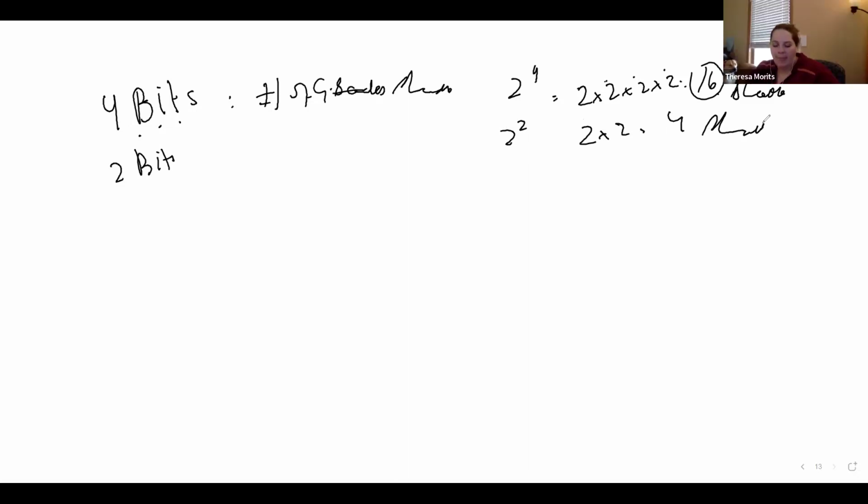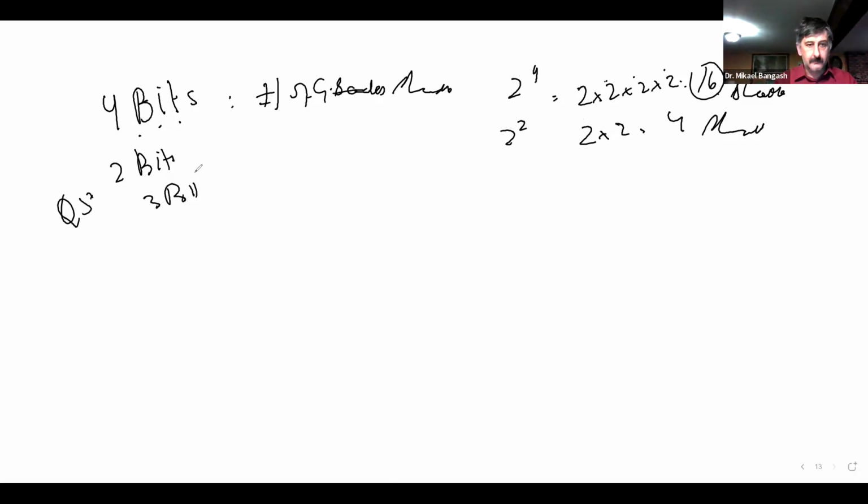Good. So for the following question, question number 5, they ask what about 3 bits? It's the same thing, 2 raised to the power 3, which means 2 cubed. 2 times 2 is 4, times 2 is 8.